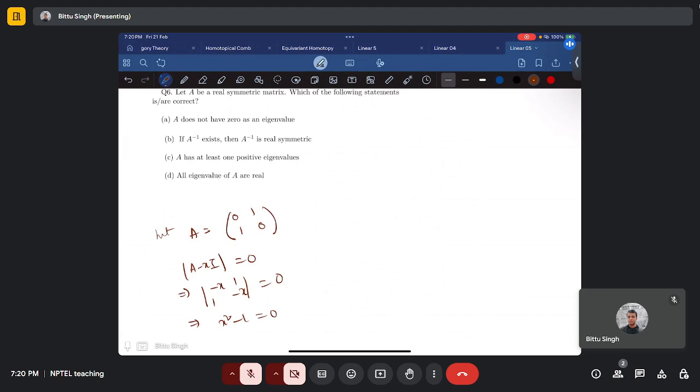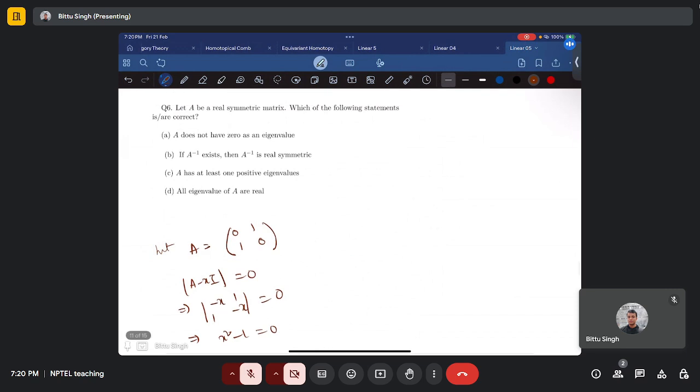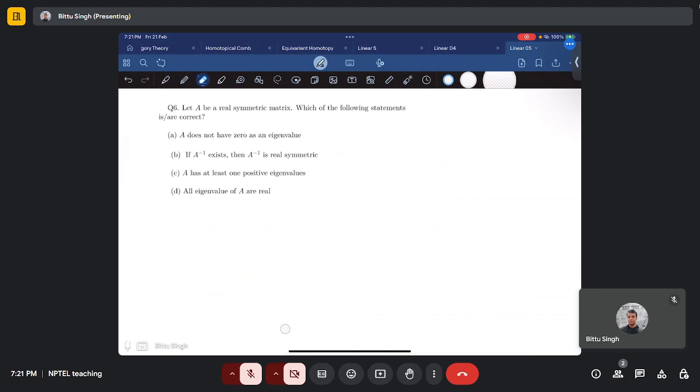So is it true that all eigenvalues of A, okay, A is a symmetric matrix, right? So it is true. Let us see why this is true. A is a symmetric matrix, so let lambda be an eigenvalue of A. Then there exists some non-zero vector V such that AV is the same as lambda V, right?